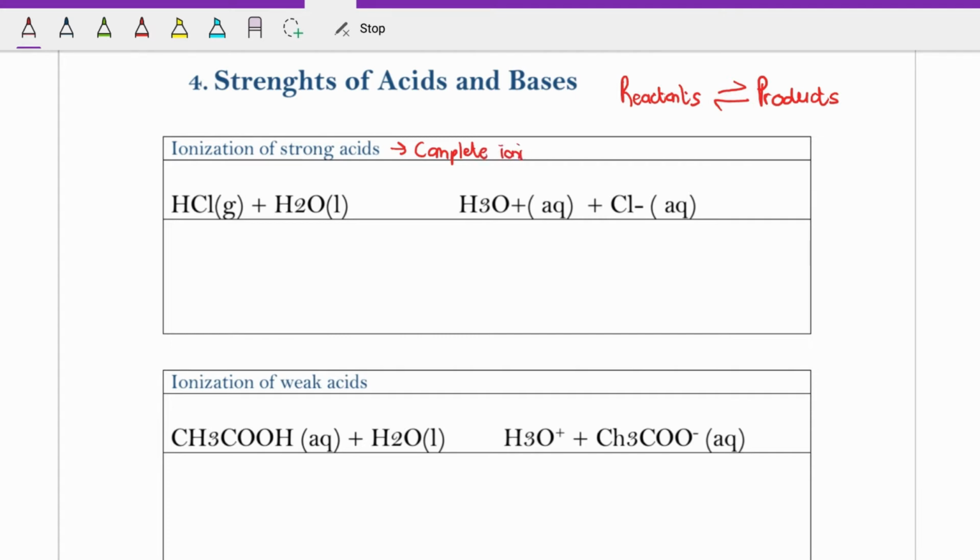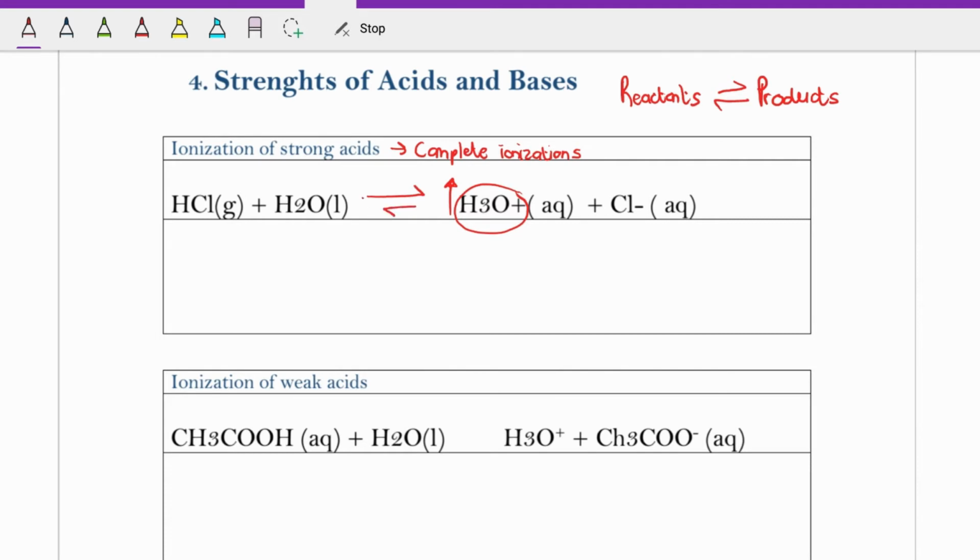And this basically just means that the concentration of your hydronium ions is going to be much higher. Okay, and that is because of the complete ionization. So when you draw in the equilibrium arrows, the arrow for the forward reaction will be longer than the arrow pointing backwards for the reverse reaction.